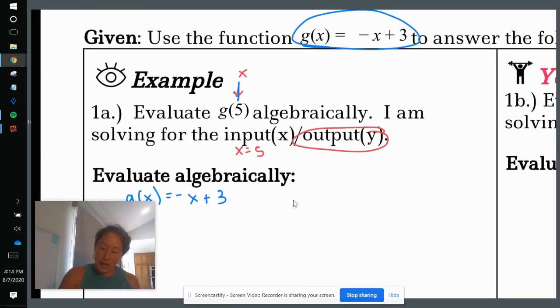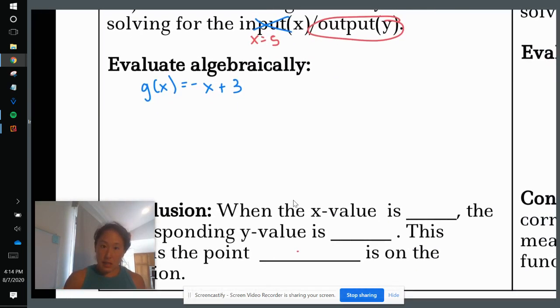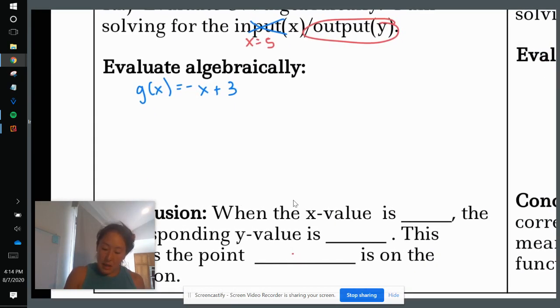I can see that g of 5, so that number inside the parentheses, remember, is the x value. So I already have the input. So I'm not solving for the input, I'm solving for the output. I'm solving for the output when x is equal to 5. Okay, so the way we calculate this is anywhere there's an x, we're going to put in a 5.